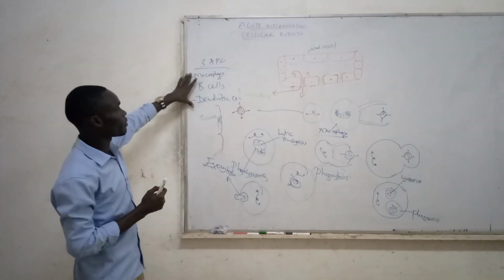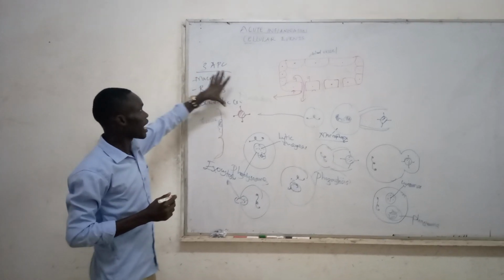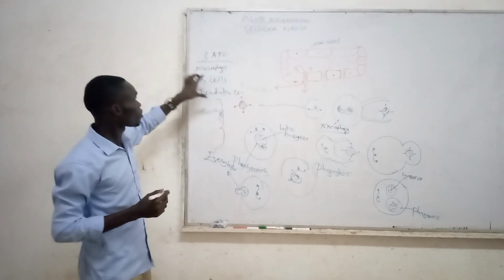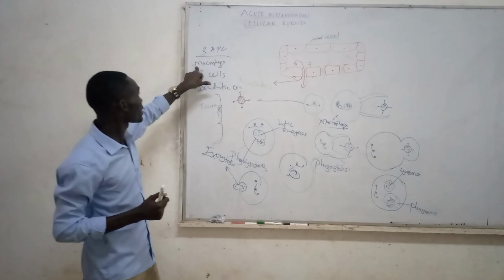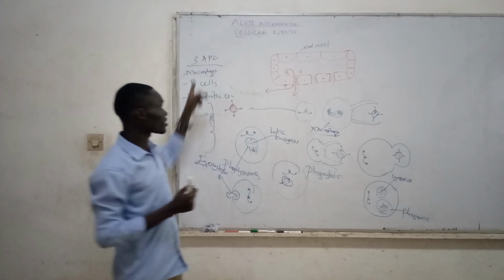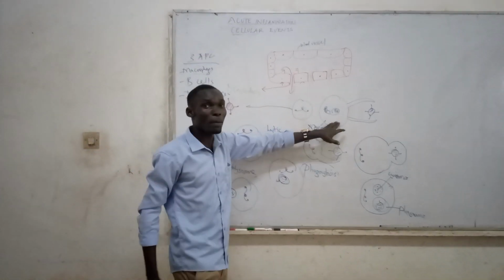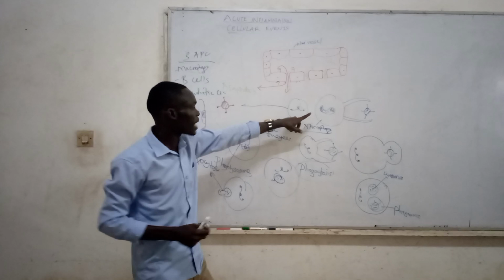These are called the professional antigen presenting cells. Because macrophage is one of the antigen presenting cells, what happens?